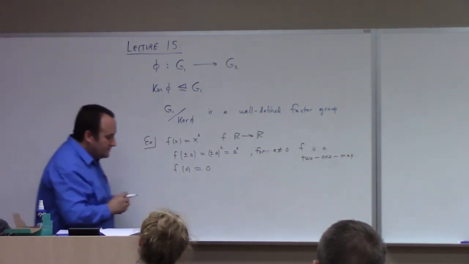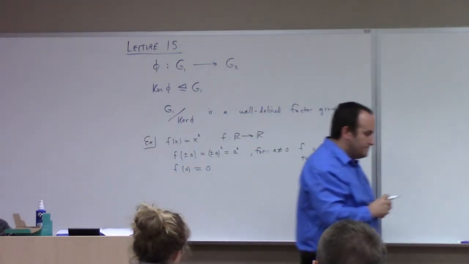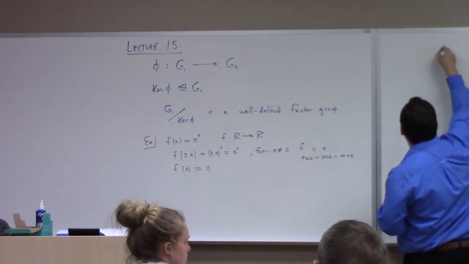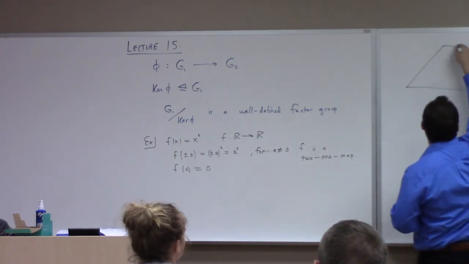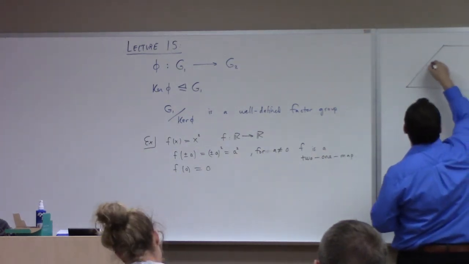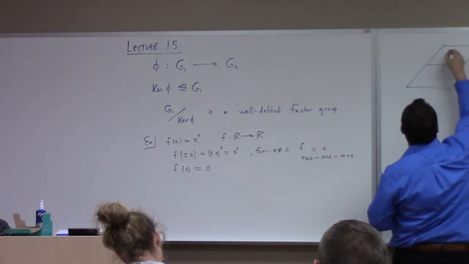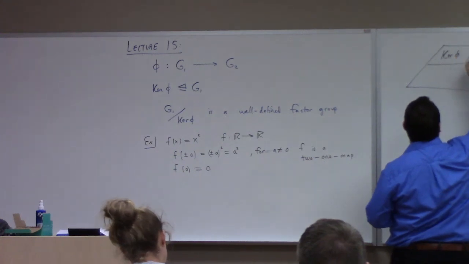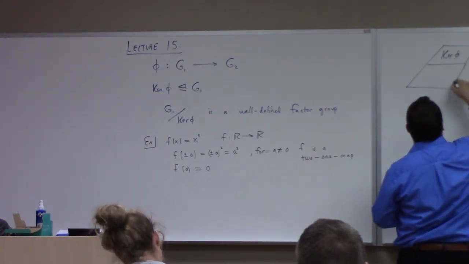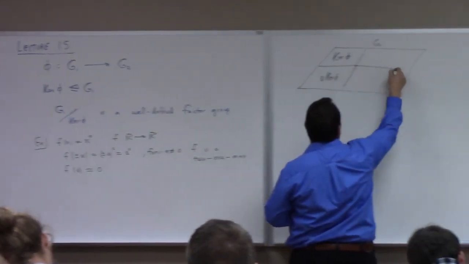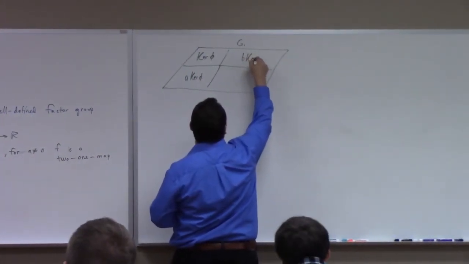Well, a homomorphism, right? If I drew a picture of G1, like this, then something in here is the kernel of phi. And then something else in here might be a times the kernel of phi. Something else might be b times the kernel of phi.